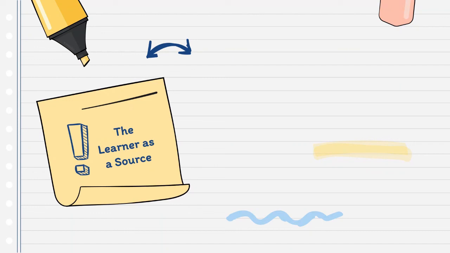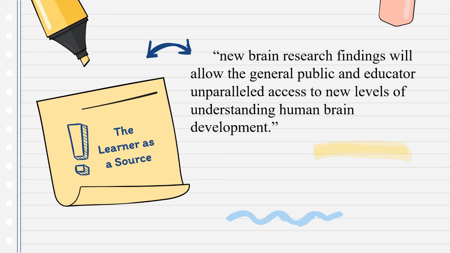This design source has the greatest possibility of being the most powerful new fountain of data for reconceptualizing curriculum design. New brain research findings will allow the general public and educators unparalleled access to new levels of understanding human brain development. That is according to Michael Posner and Mary Rothbart.